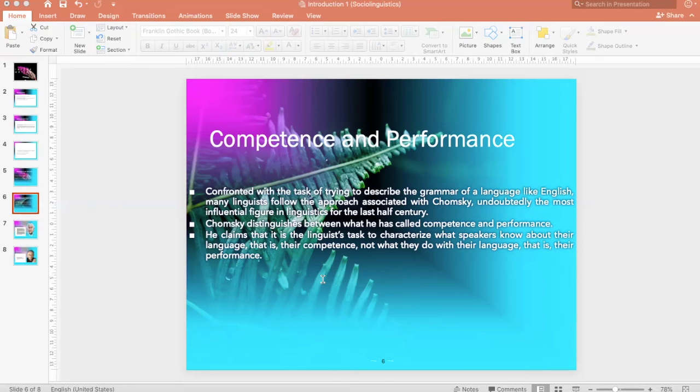That is their competence, not what they do with their language. That is their performance. So we try to understand the knowledge of the language. It is the competence. And what they do with the language is the performance, after they get the knowledge of the language.